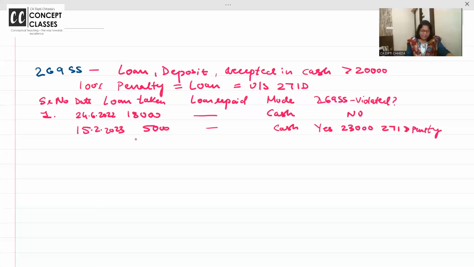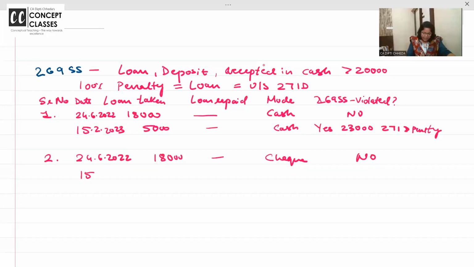Is my example clear? Any doubt you have, then ask. Second, I'm taking the same date, but you can take any other date. Suppose on 24th June, you have taken loan, अभी तक रीपे नहीं किया है, by cheque, so no violation, no problem.